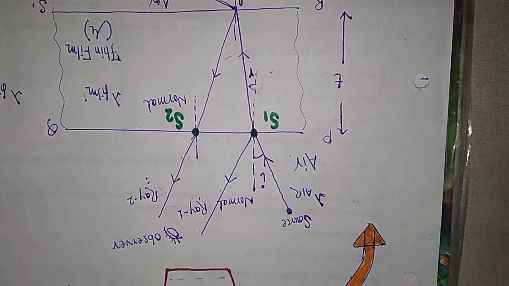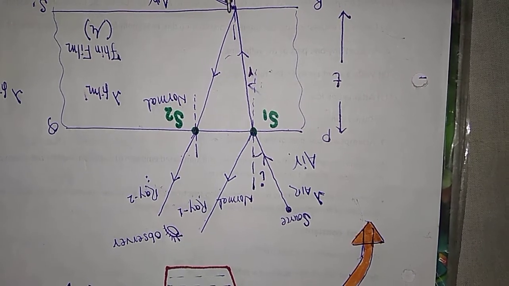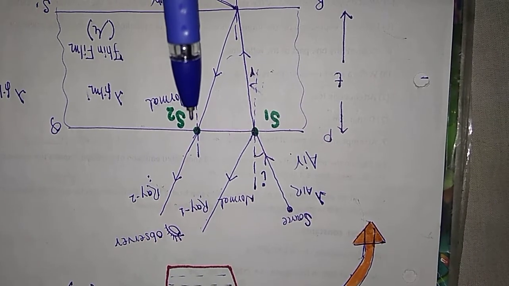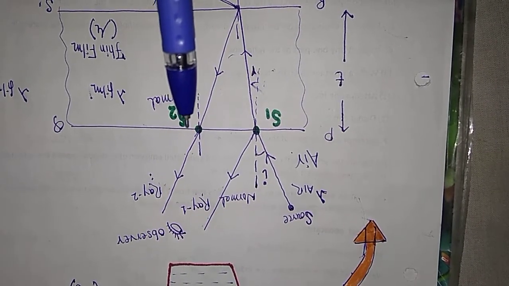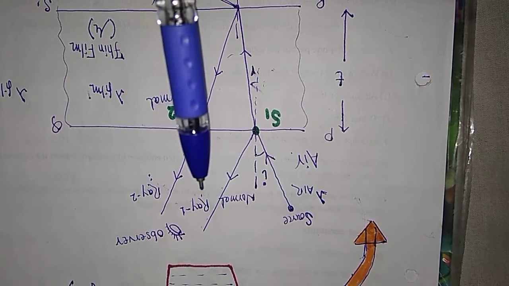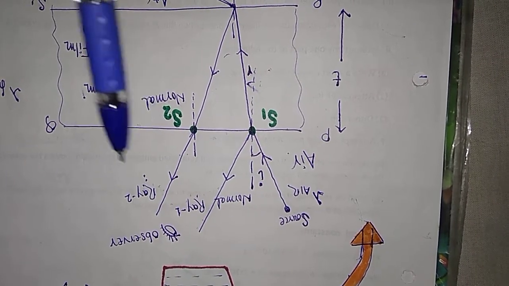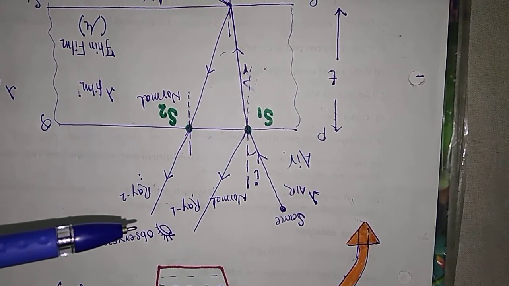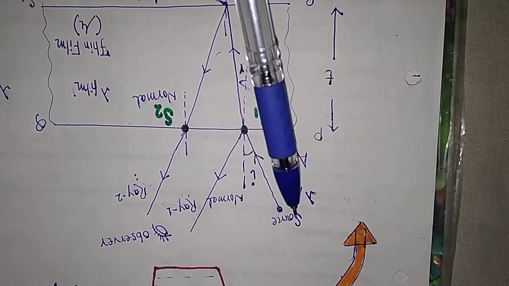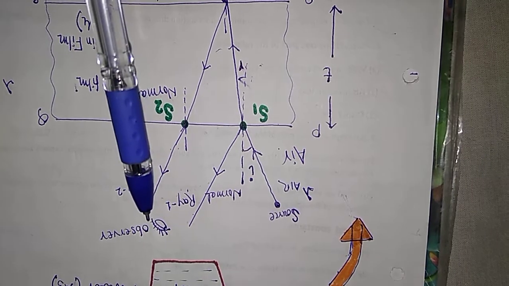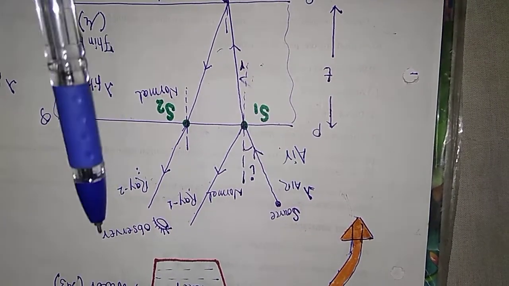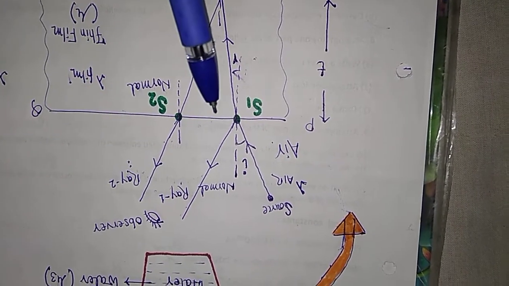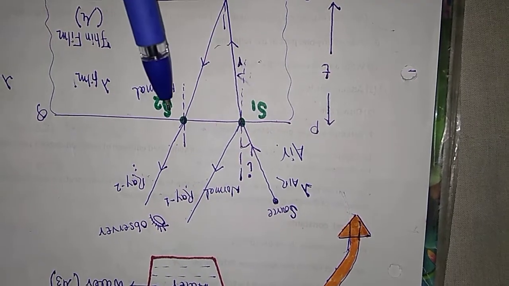At this point there is again a change of medium. The light is reflected and reaches this point, and at this point the light is transmitted into the air. So we obtain ray 1 and ray 2, and suppose that the observer is here. The observer will not see the source, but will see the light coming from S1 and S2.